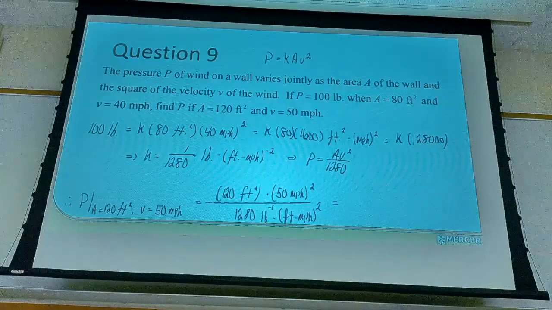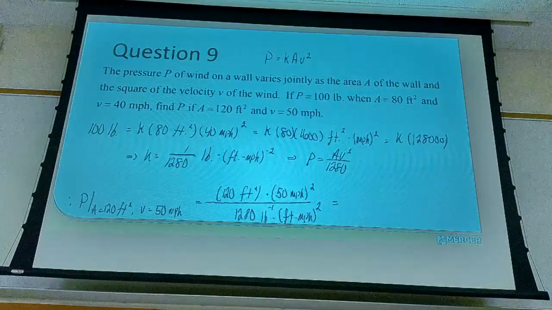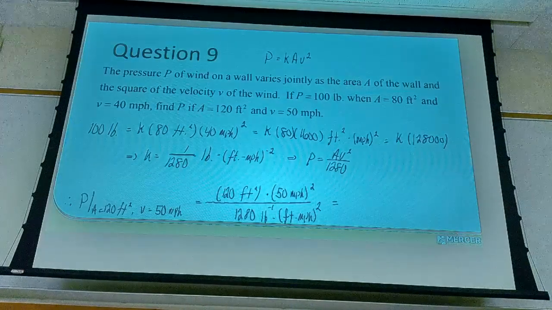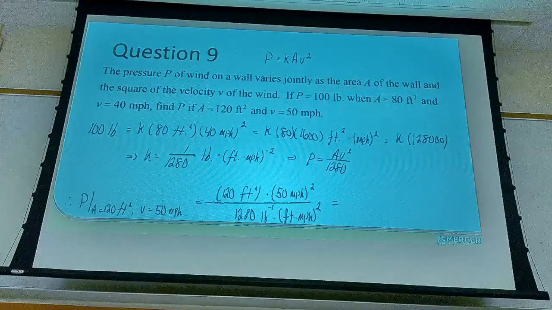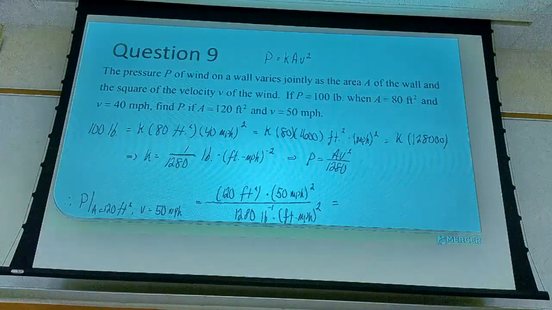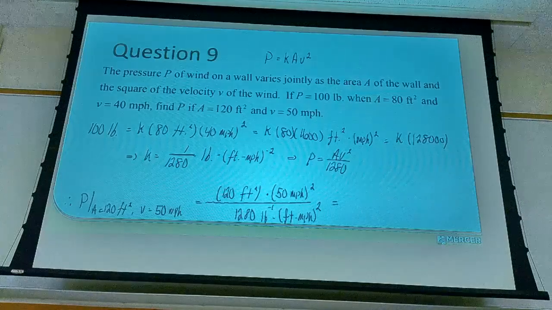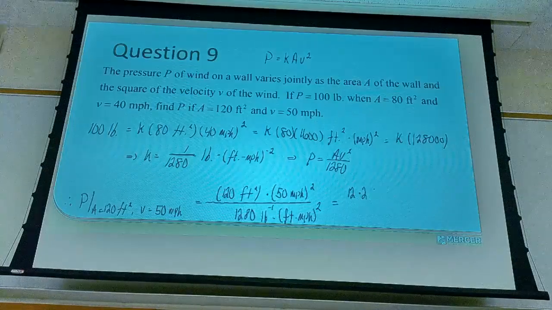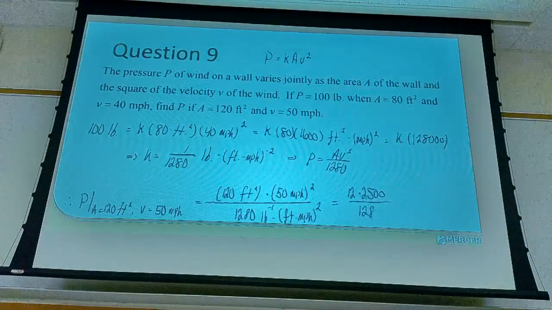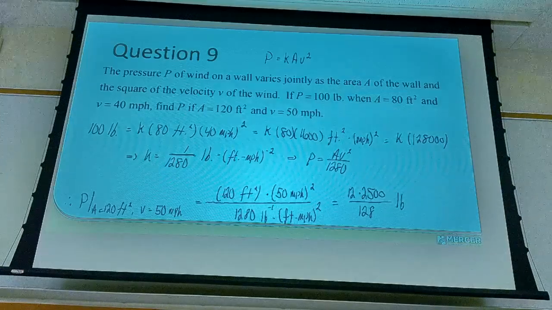That'll probably be easier. 50 squared. 5 squared is 25. 10 squared is 100, so 50 squared is 2500. And we're going to be left with pounds when we do the unit analysis.